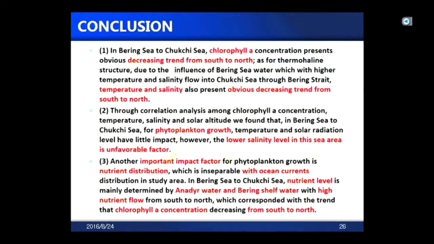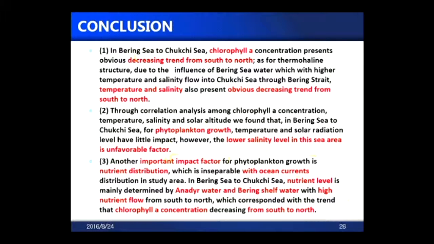So now we come to the conclusion. Firstly, based on our monitoring results during this summer in 2014, the chlorophyll concentration shows an obvious decreasing trend from south to north, and also the similar decreasing trend from south to north is seen in the temperature and the salinity during the summer seasons.